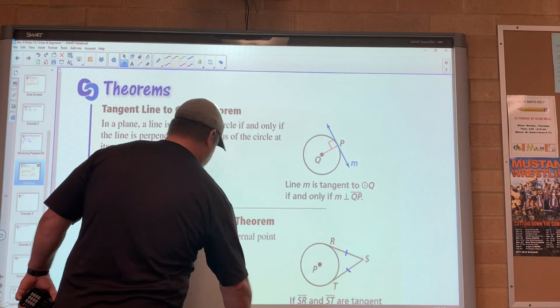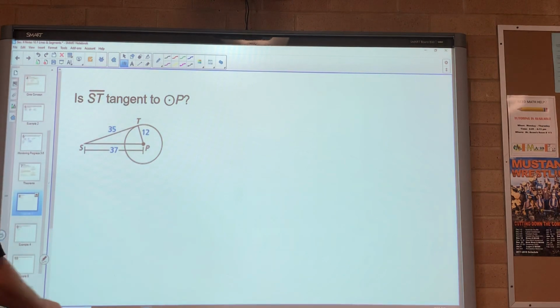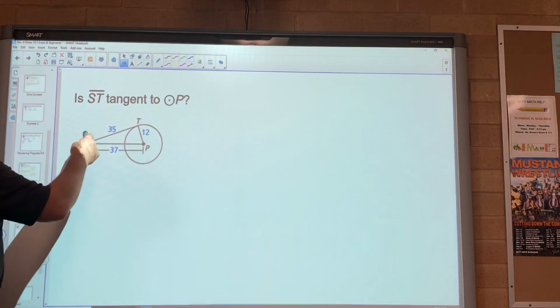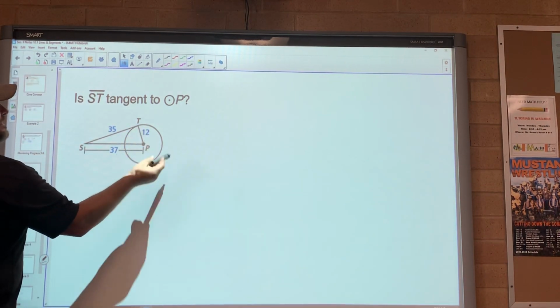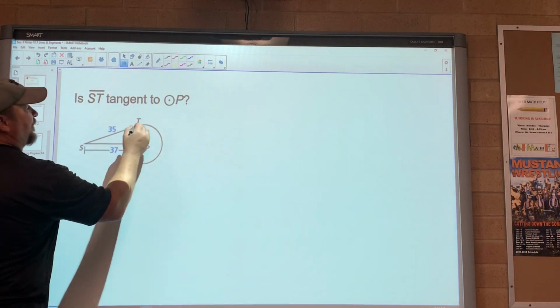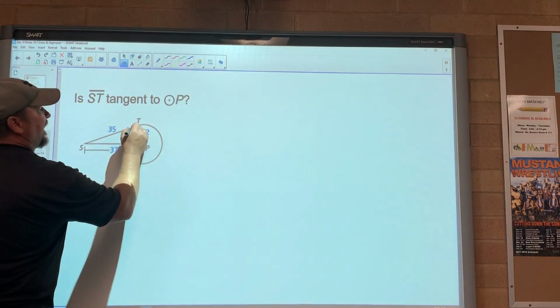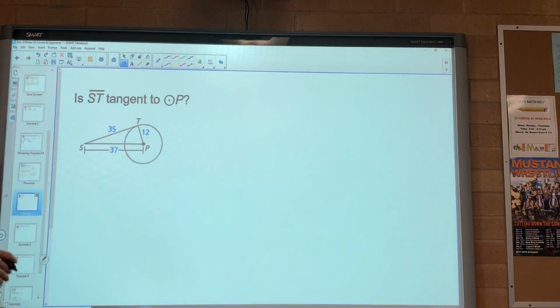So, watch. Here's the problem. Okay, they gave us this tangent, this radius, and they want us to prove if it's really a tangent. Well, the only way to prove if that line ST is truly a tangent is to make sure that that is a 90. Well, we don't know if it's a 90 unless we do Pythagorean's theorem.